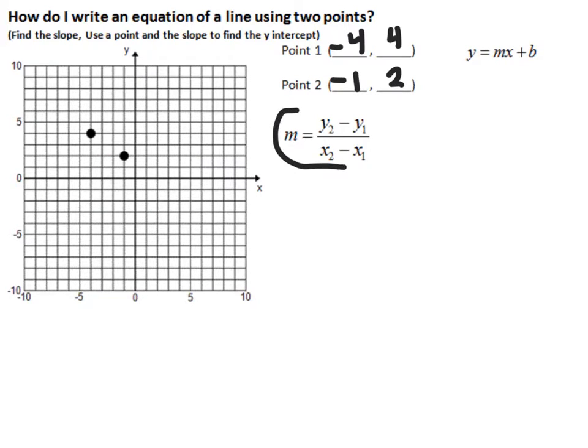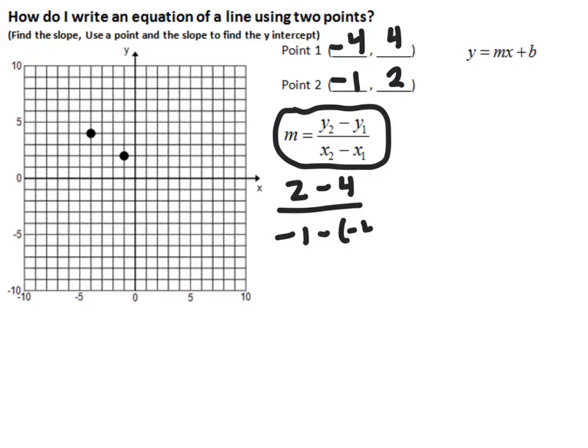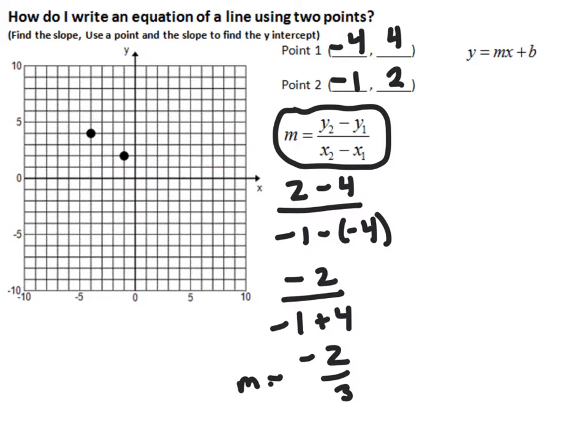To get the slope, we use the slope formula, which is the change in y, delta y, over the change in x. Be careful with your negative symbols there, so you'd get -2 over -1 plus 4. So our final slope would be -2/3. And in truth, you could have counted down 2 and over 3 as well.